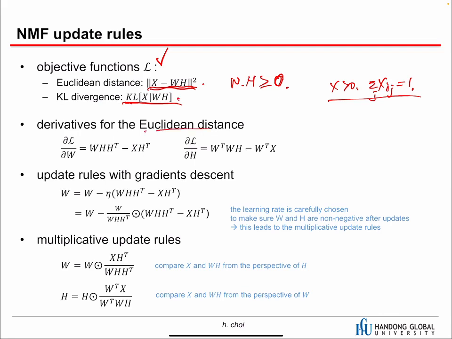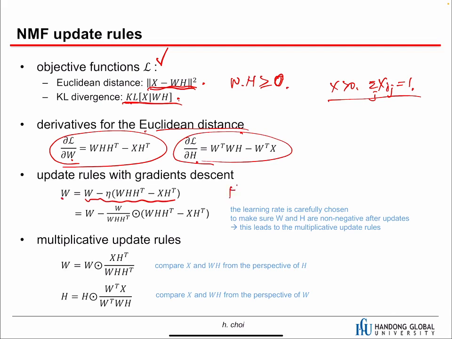For the Euclidean distance, we can take a derivative of this objective function with respect to W and H. So we have two gradient information, and we can update with gradient descent. That's the update rule for W, and also we have H minus eta times the gradient.